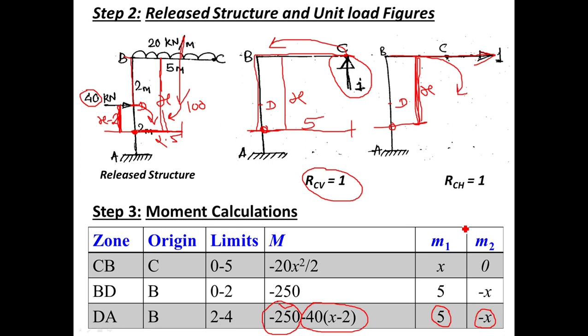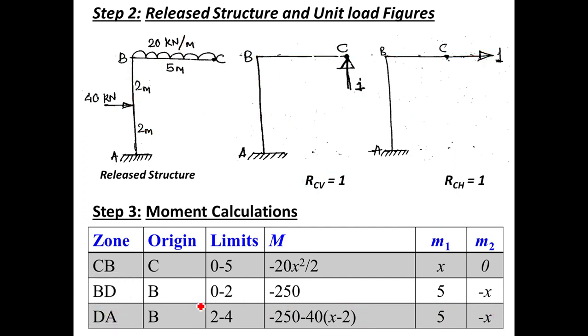Okay, once you calculate this moment table, the rest of the part is only mathematical calculation with the help of your calculator. So next, after moment calculation, we will start to calculate the different matrices involved in the compatibility condition.